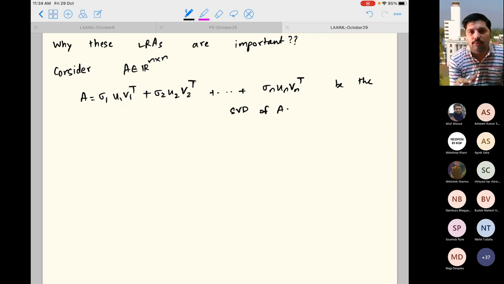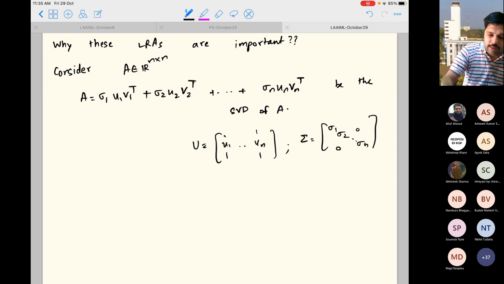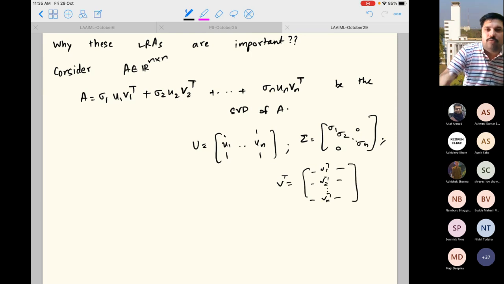You know how this form of SVD comes. So U basically has columns u1, u2, up to un. Then sigma is basically sigma 1, sigma 2 up to sigma n, a diagonal matrix in this particular case because I'm taking n by n. And V transpose basically is v1 transpose the first row, v2 transpose the second row, vn transpose the last row, right?